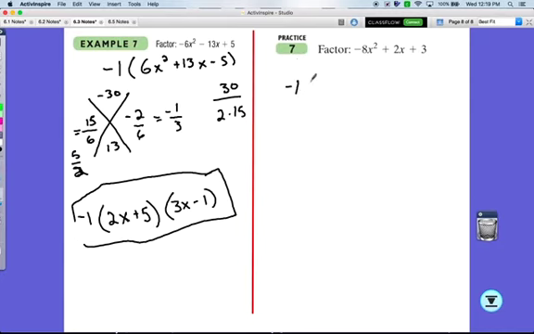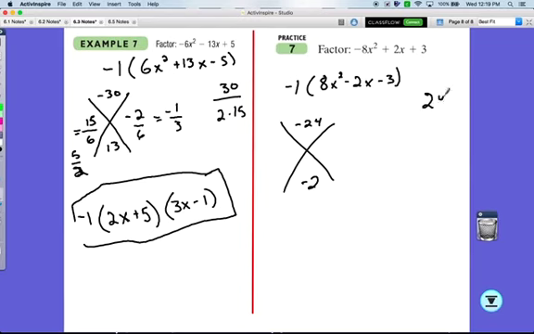All right, if you factor out the negative 1, it becomes 8x squared minus 2x minus 3. So basically all those signs change. 8 times the negative 3 is negative 24. So I know my numbers on the side need to be opposite signs. And they need to give me a negative 2.